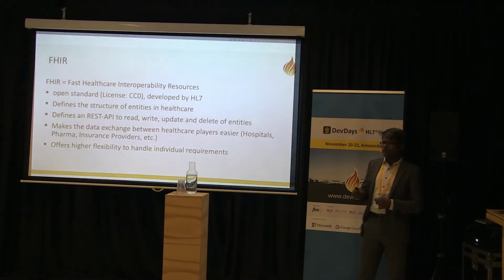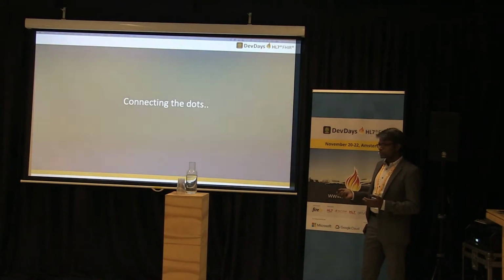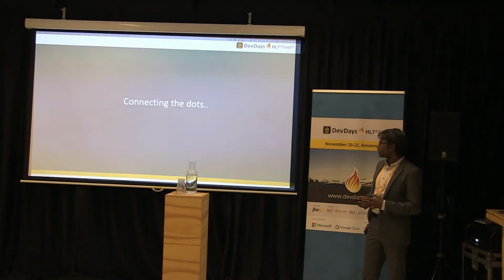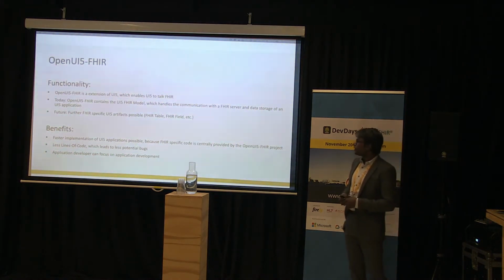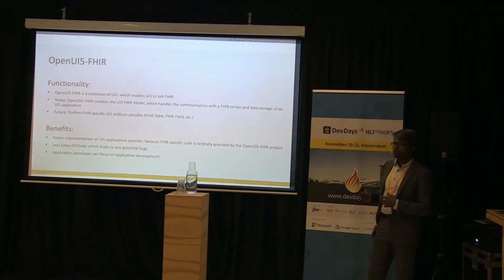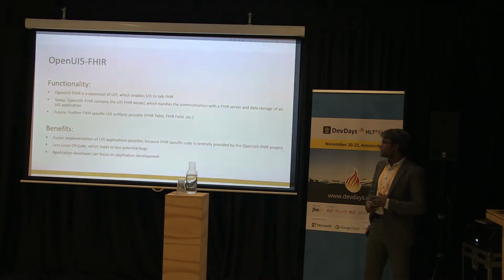So we decided to connect these two dots and bring up a new framework, which is OpenUI5-FHIR. OpenUI5-FHIR is an extension of the UI5 framework that enables UI5 to talk FHIR. As we have seen in the models, initially it supported only JSON, XML and OData, but now with this framework, we can enable UI5 applications to really talk to and understand FHIR.